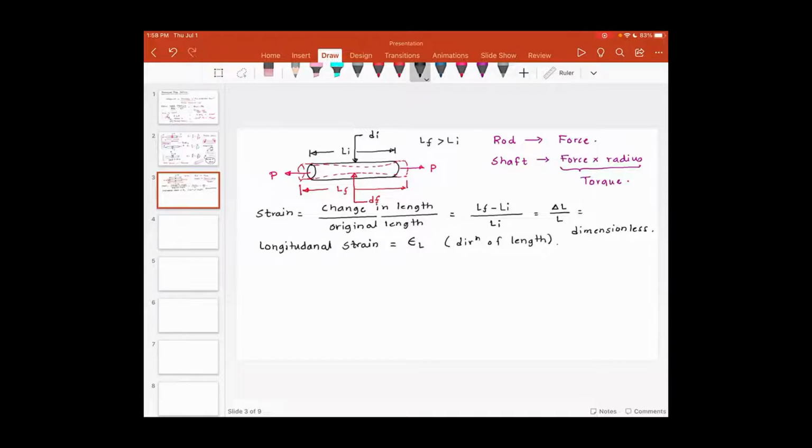And you would notice, because of the load that is applied in the longitudinal direction, you have a deformation or a change in the lateral direction. This is the longitudinal direction and this is the lateral direction. So what happens is you have a change in the lateral dimension. I'm going to show you the expression for lateral strain.